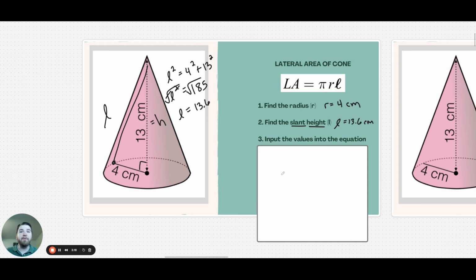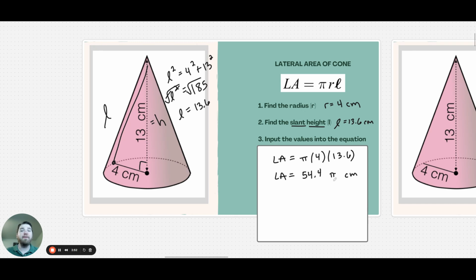So now all I have to do is input these values into that formula. So it's just going to be pi times radius times my slant height. And I can go ahead and solve that. Now, if your answer needs to be in terms of pi, just multiply that 4 and that 13.6. And when you do that, you get that your answer would come out to be 54.4 pi centimeters.